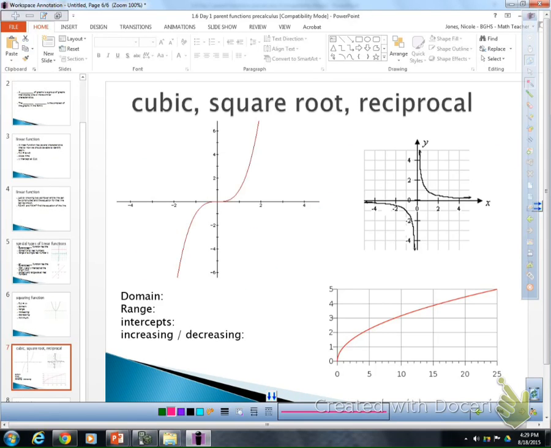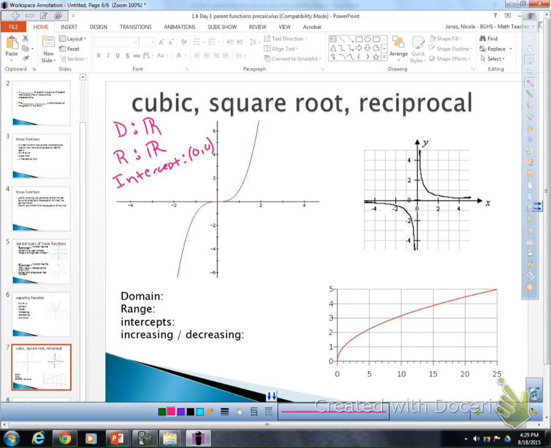Okay, now let's talk about cubic, square root, and reciprocal. This first one is our cubic. The domain for the cubic, all real numbers. The range for the cubic, all real numbers. The intercept, where does the graph cross the x-axis? Correct, at the origin, 0, 0.